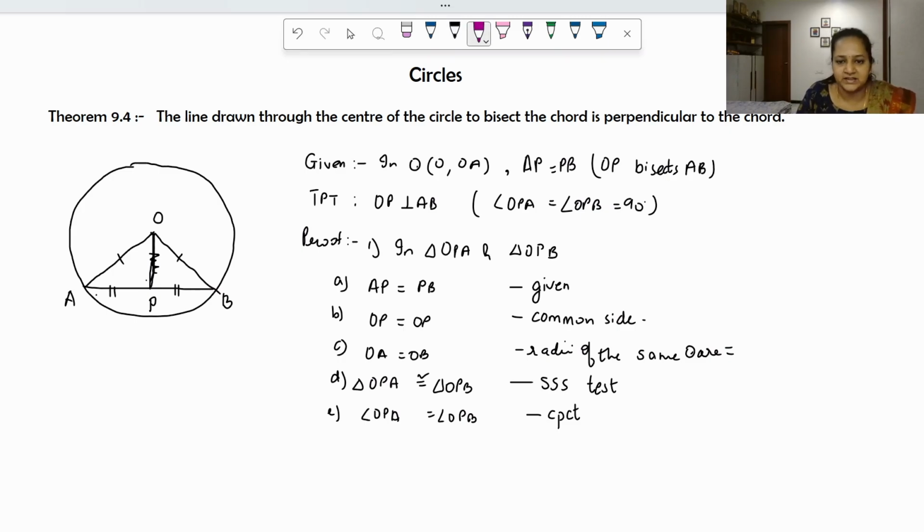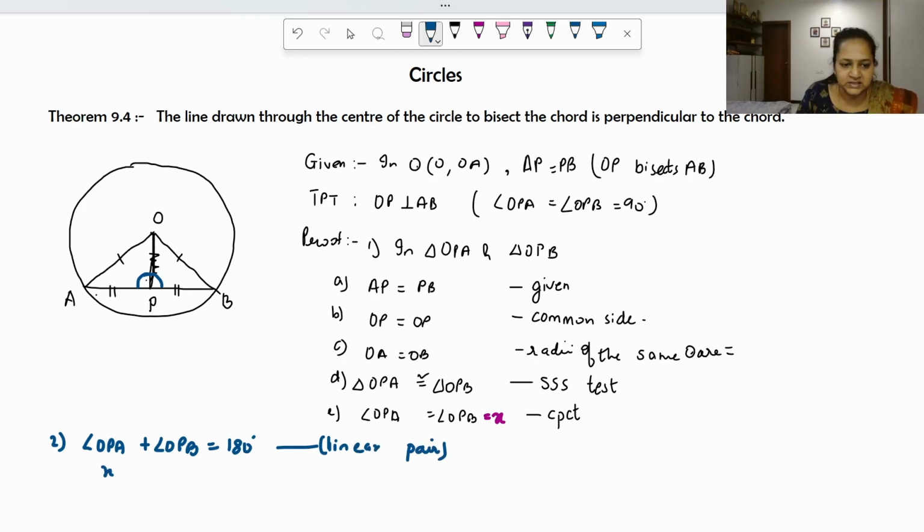Now, let us call these two angles X. Measure is X. So, what do we know? Let us write angle OPA plus angle OPB will be how much, children? OPA is this. OPB is this. If we add them, we are going to get 180. Very good. Why? The reason is angles in a linear pair.